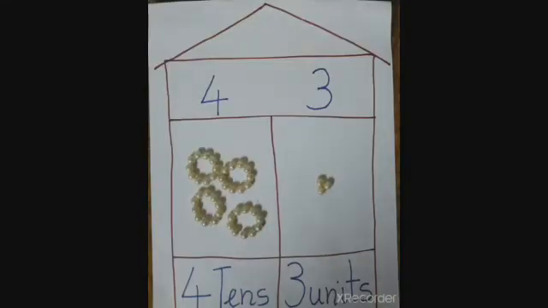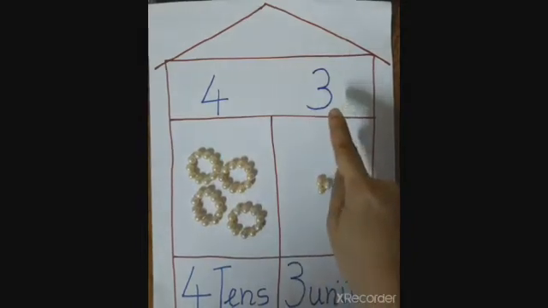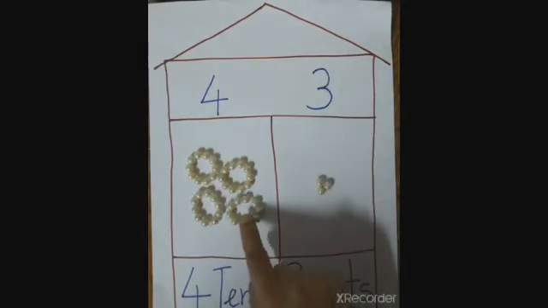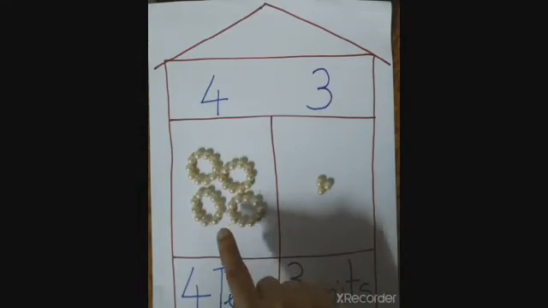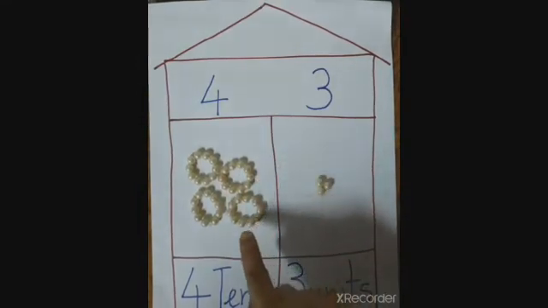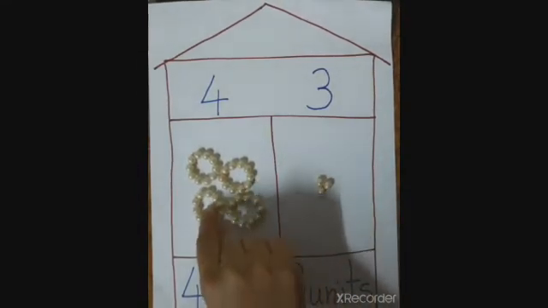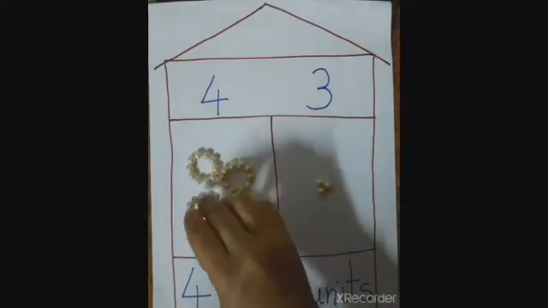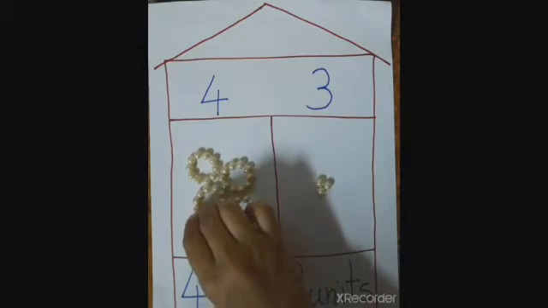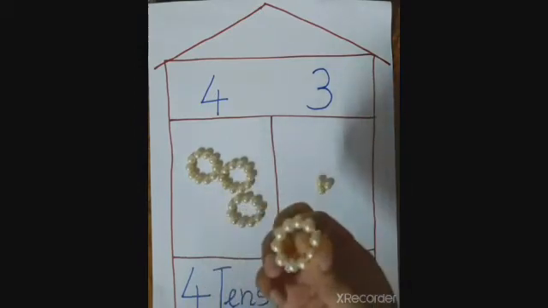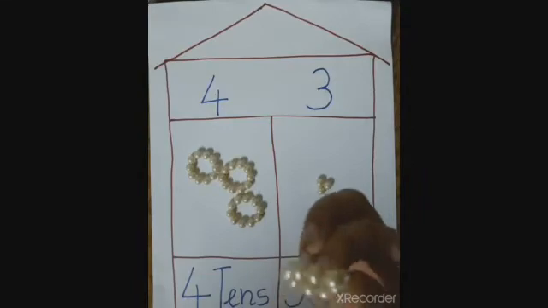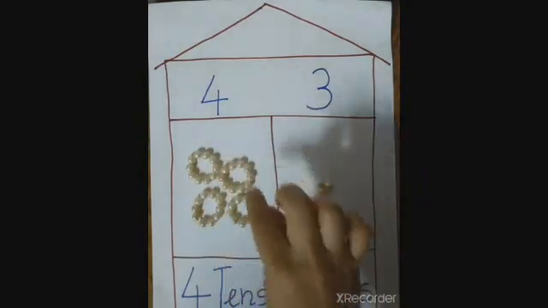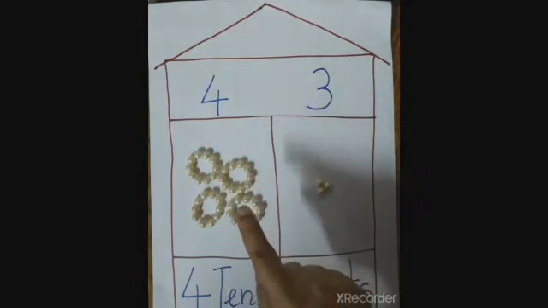Now let us take the second example. In the second example, we have the number 43. Here we have strings of beads which has 10 beads in each string. When we open the strings, we get 10 single beads each, which means 40 single beads.